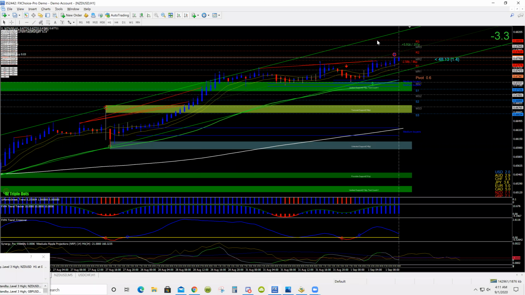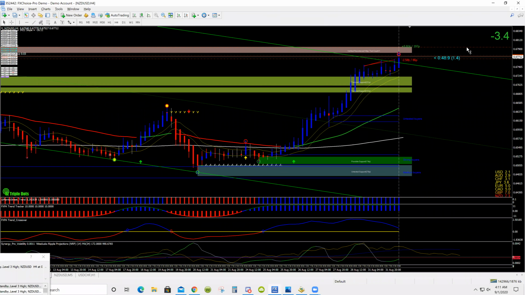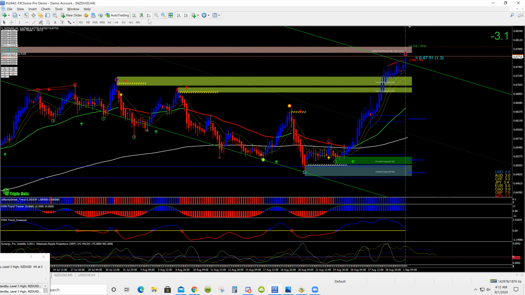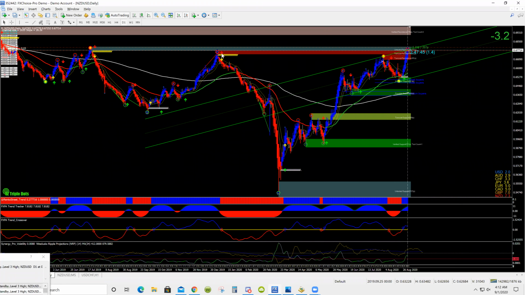Let's go to the 4 hour. Yeah, I'm good with this. I like this target. Let me zoom out. Let's go to the daily. You see why this zone is here. You see this? Let me zoom out again. There it is.